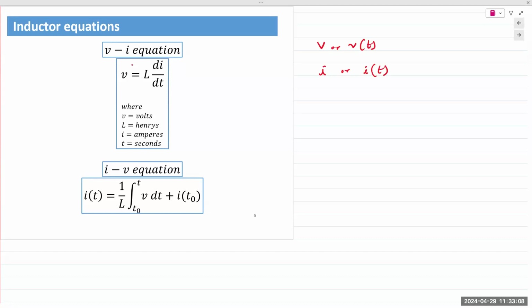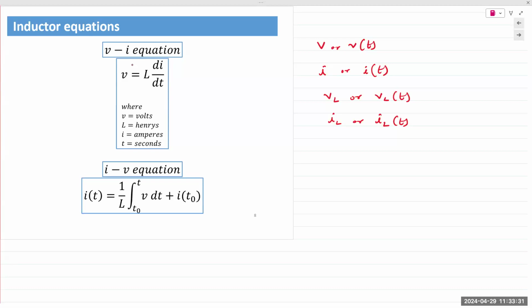Sometimes we use a subscript to refer to the specific component. So we might also see VL or VL of t, okay, or IL of t. In all cases, they are referring to the exact same thing. It's voltage and current, and that's it.